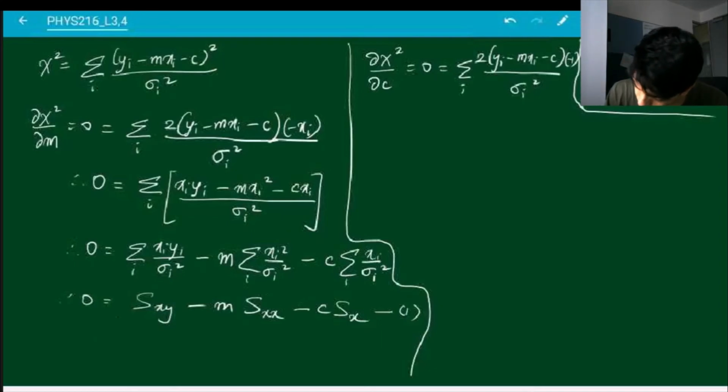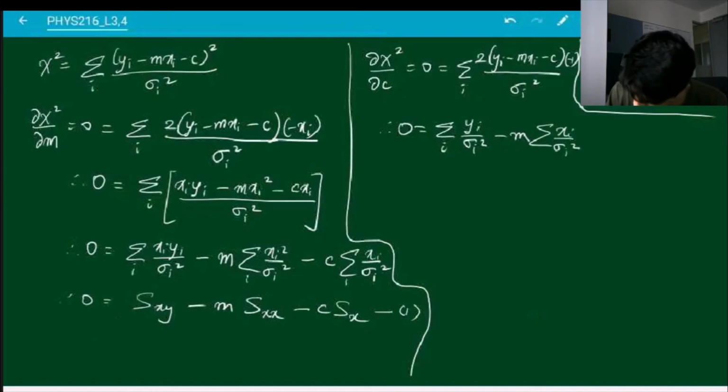So now, again, I'll throw this minus 2 factor away, and I will get the summation of yi over sigma i square, minus m times the summation of xi over sigma i square, minus c times the summation of 1 over sigma i square.